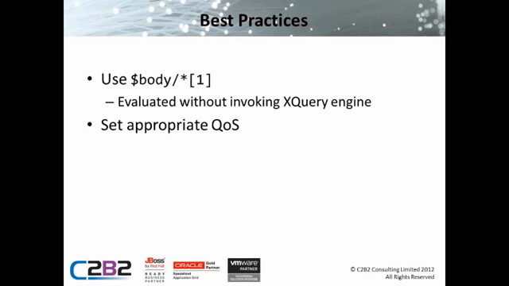Next, you want to set the appropriate quality of service level and transaction settings. It's always best to avoid XA where it's possible. As I mentioned before, due to reliability or security constraints, that might not be a possibility for your business.